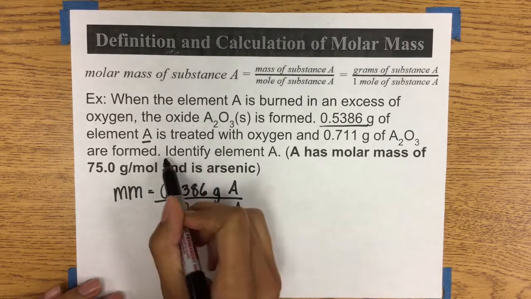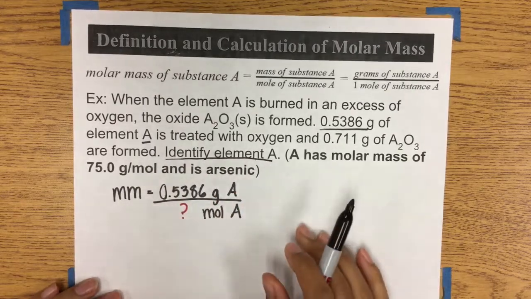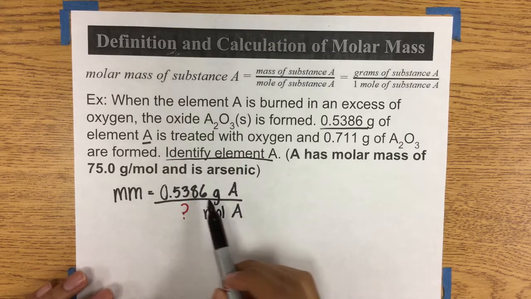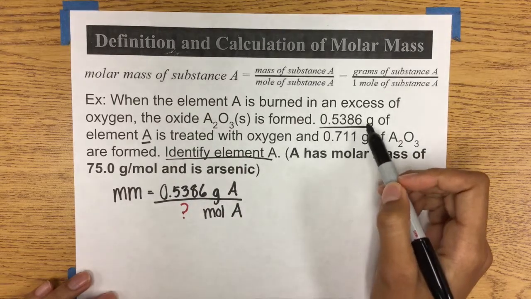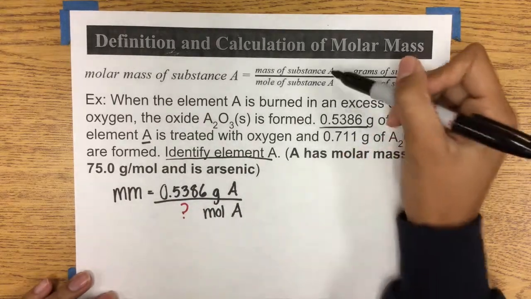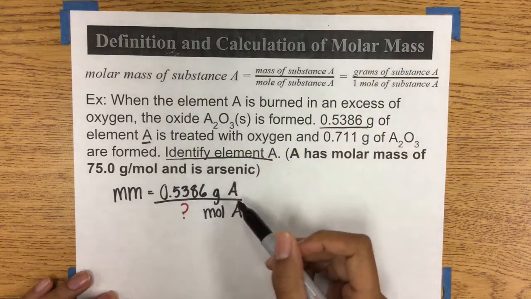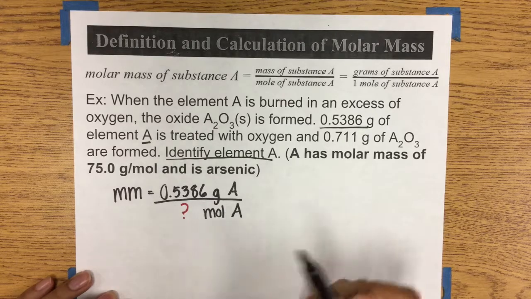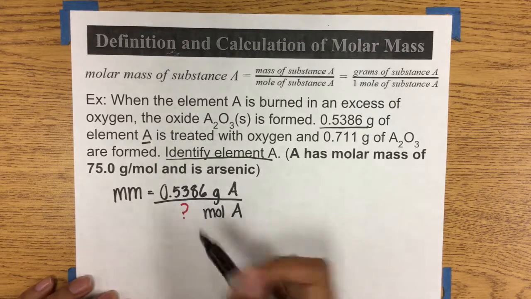Because it asks us to identify element A, we have to find the molar mass of element A. So we take what we're given, 0.5386 grams of A, and plug it into our molar mass equation. In order to find the molar mass of A, we have to know the moles, which we don't know, so that's what we're trying to find.